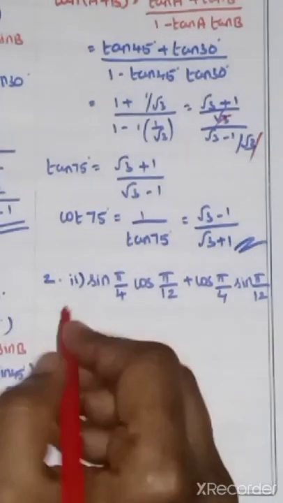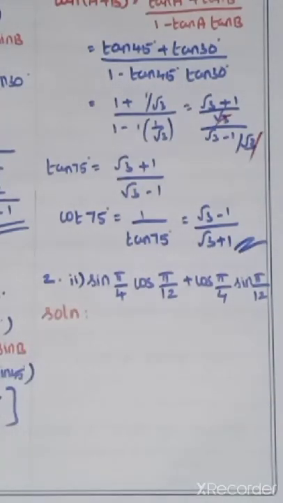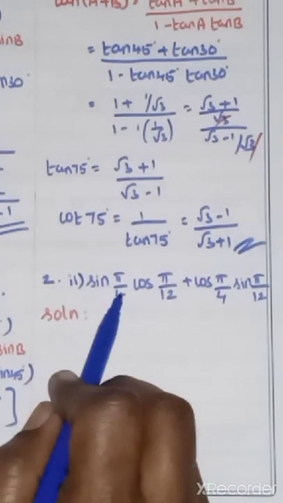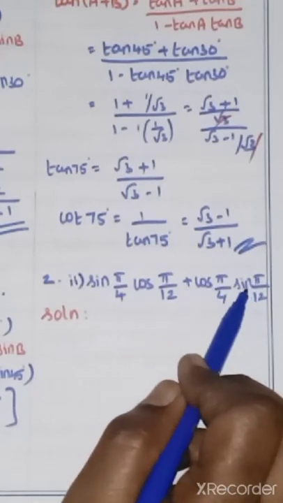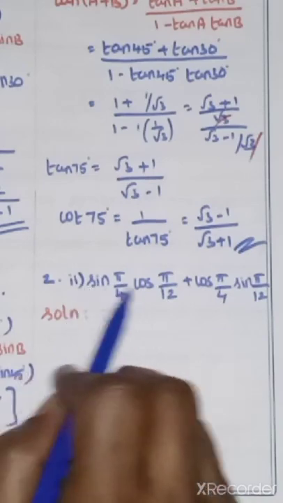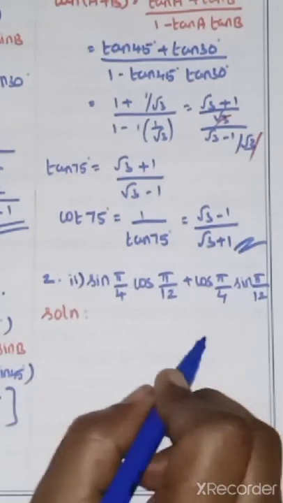Here the right hand side is given, so we have to find the left hand side so that you can get the value. Okay, so here sin A cos B plus cos A sin B. Correct? So what is the formula?